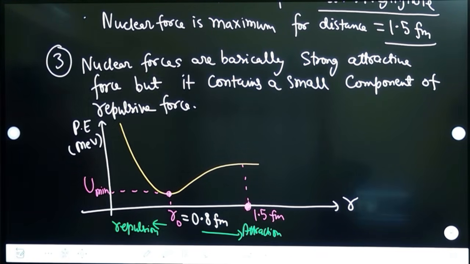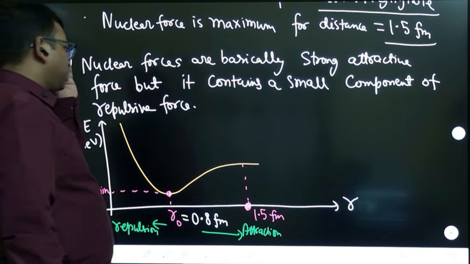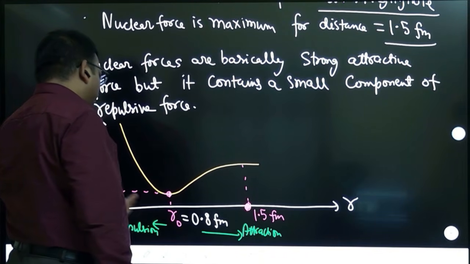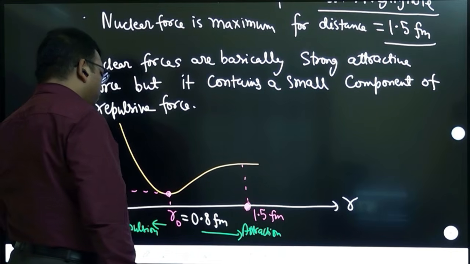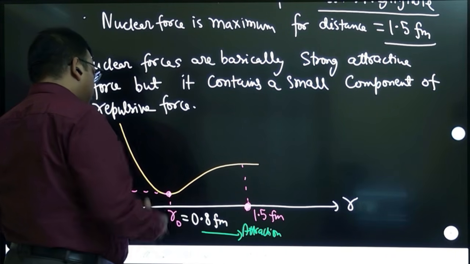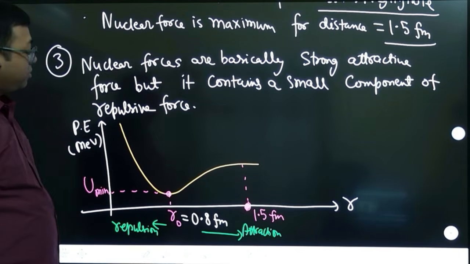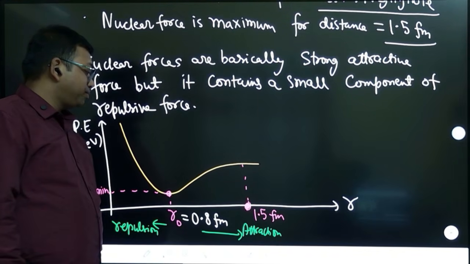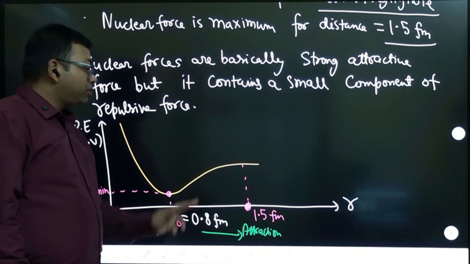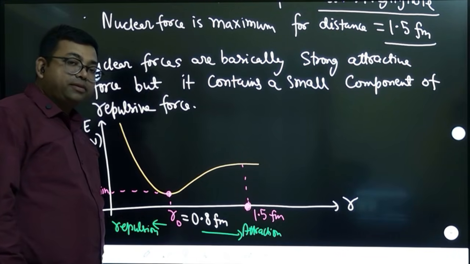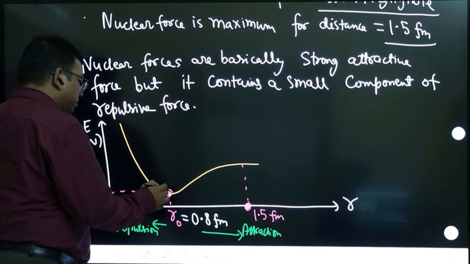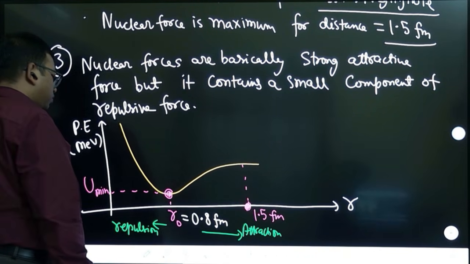So this is an important point to note, that nuclear force remains active, but it is also made of repulsion, because if you go below smaller distance, smaller than 0.8 femtometer, then nuclear force can become repulsive also, and from 0.8 to 1.5 femtometer it is attractive. Wherever potential energy is minimum, this force is almost zero.